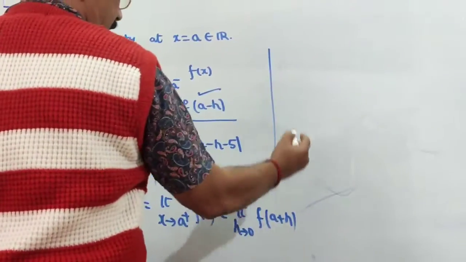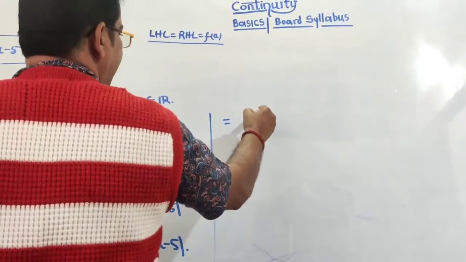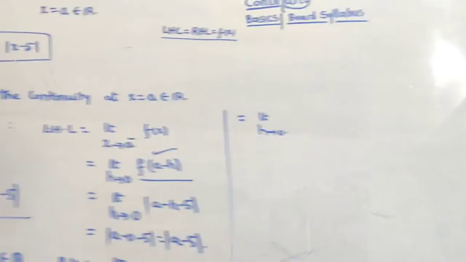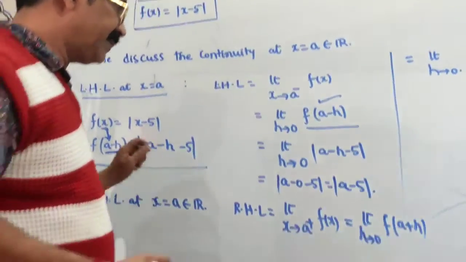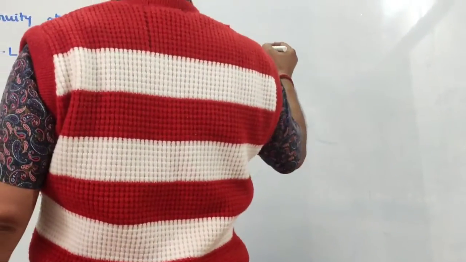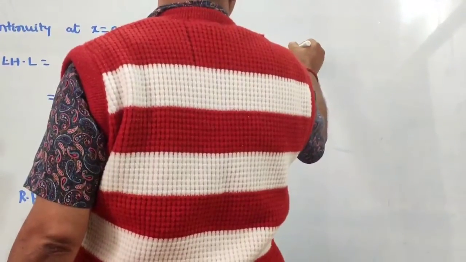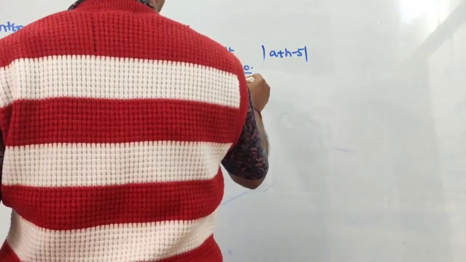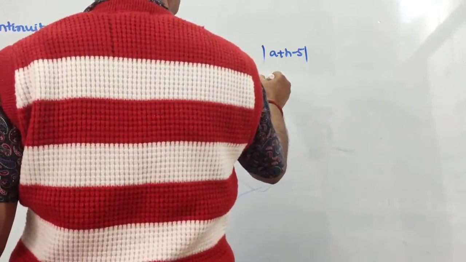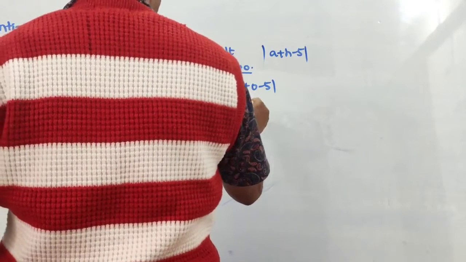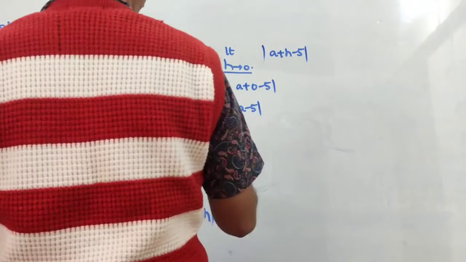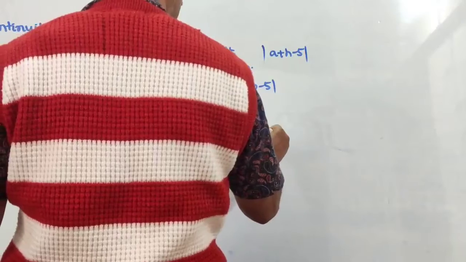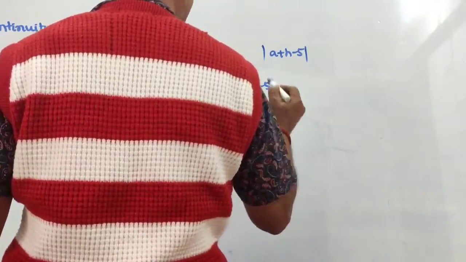Similarly, instead of x we write a plus h, so it becomes modulus of a plus h minus 5. As h tends to 0, that is modulus of a plus 0 minus 5, which equals modulus of a minus 5. So clearly we see that left hand limit is equal to right hand limit.